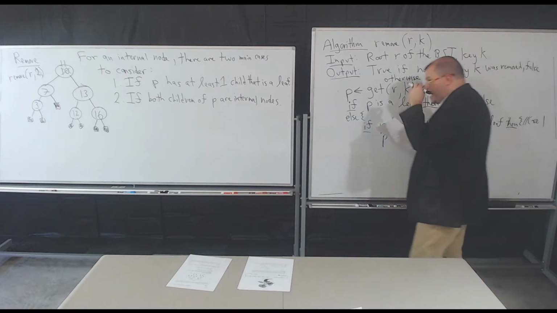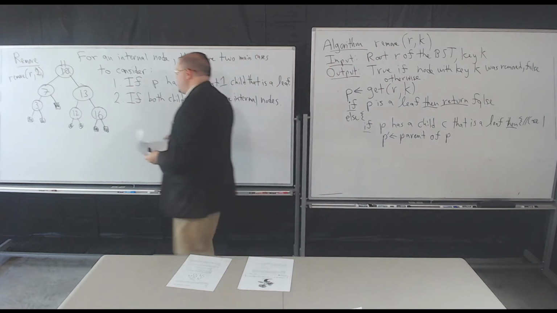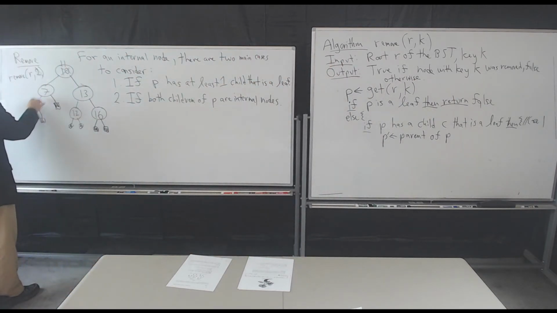Because I need to hang on to the parent of the one I found. Remember, when I removed 2, I needed to make sure I didn't lose 7 here. So P prime would be 7.